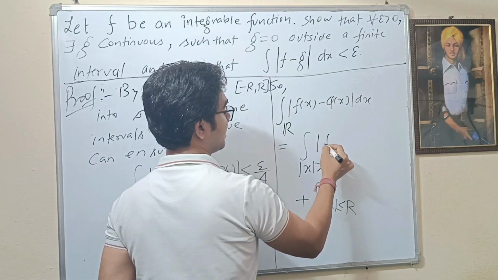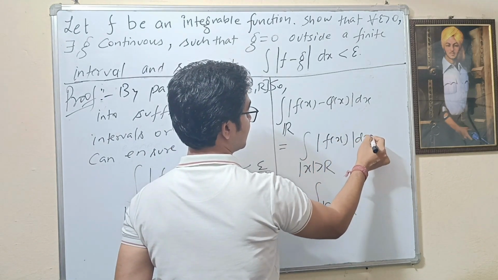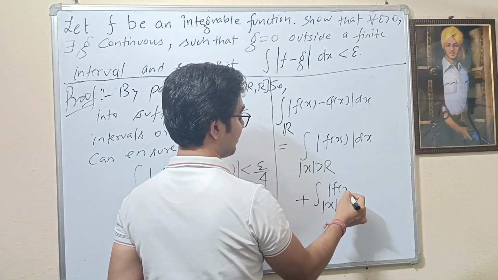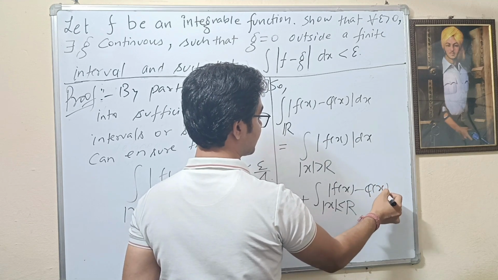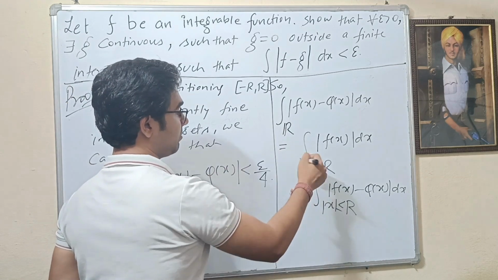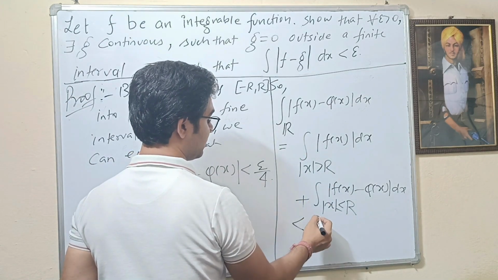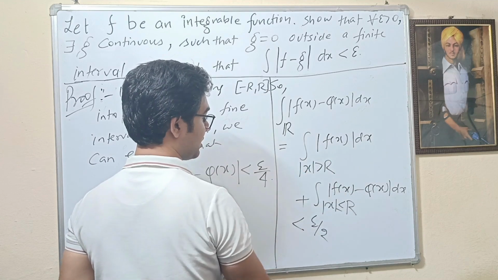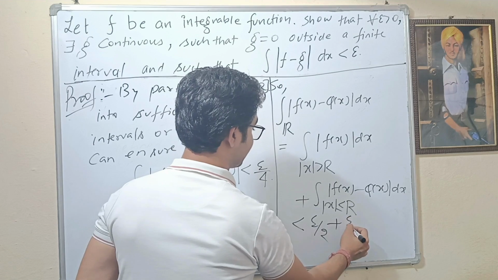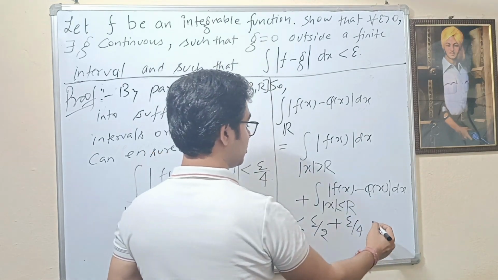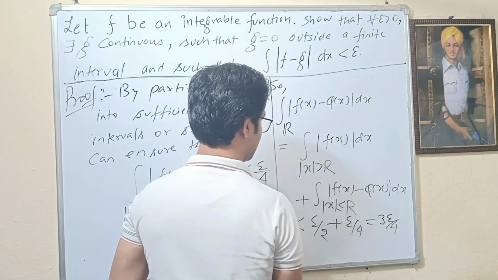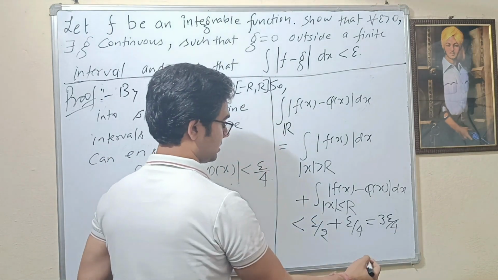It is by the integral of mod f(x) dx, and inside R, it is the integral of mod of f(x) minus phi(x) dx. Clear? So by the first inequality you get less than epsilon by 2, and by this inequality you have epsilon by 4, so you will have 3 epsilon by 4. Mark this inequality as 2.